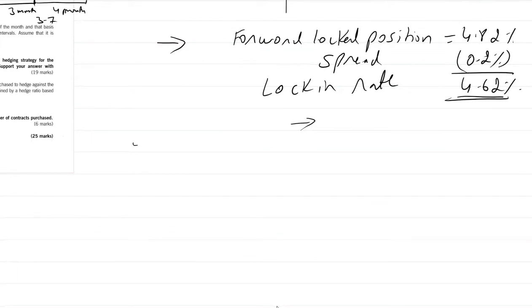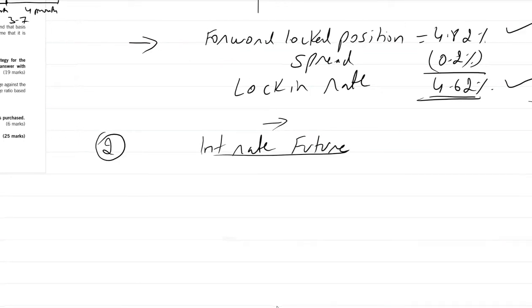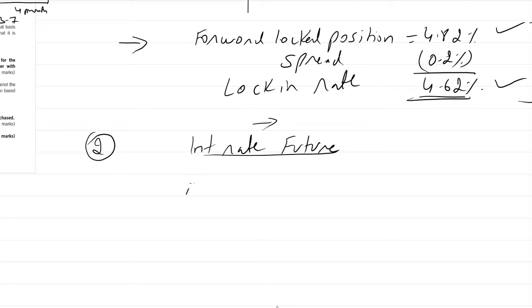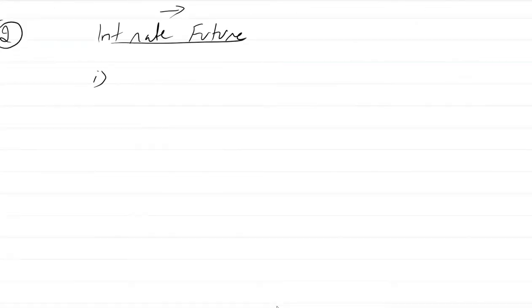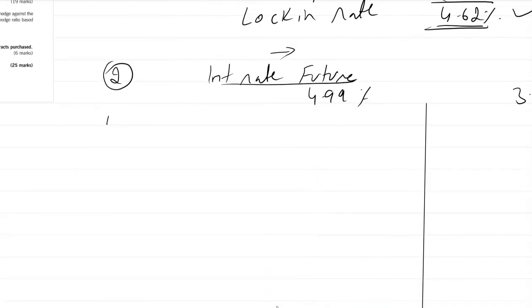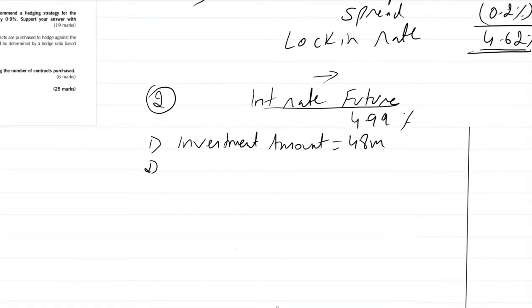So let's move to the second part, interest rate future. In interest rate future, first step is make 2 columns, write future spot rates above. Next, the investment amount. In case of lender, whenever you are going to buy the securities, when you are going to receive the interest, it will be by future.